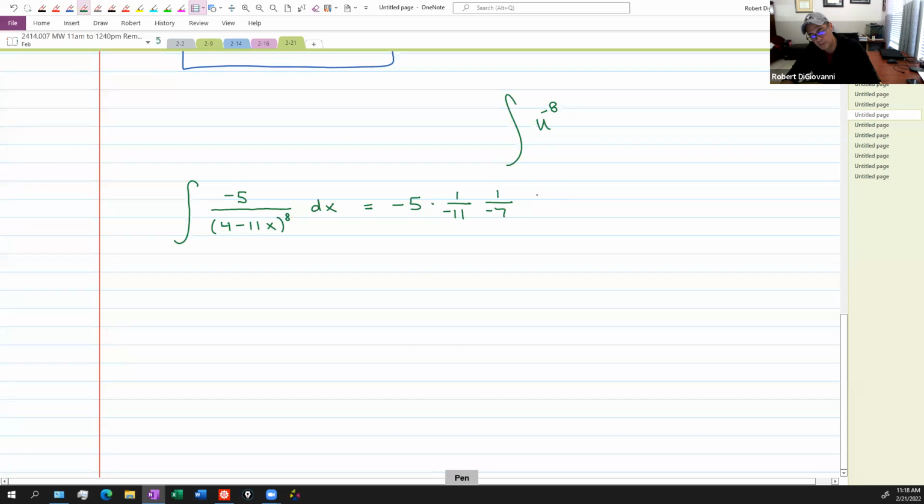You know what? I don't need to put u there. Let's just do 4 minus 11x to the -7 plus c. And then the last thing to do would be to put all those together. And that's it, right? So 5 over 77, 4 minus 11x to the -7 plus c.